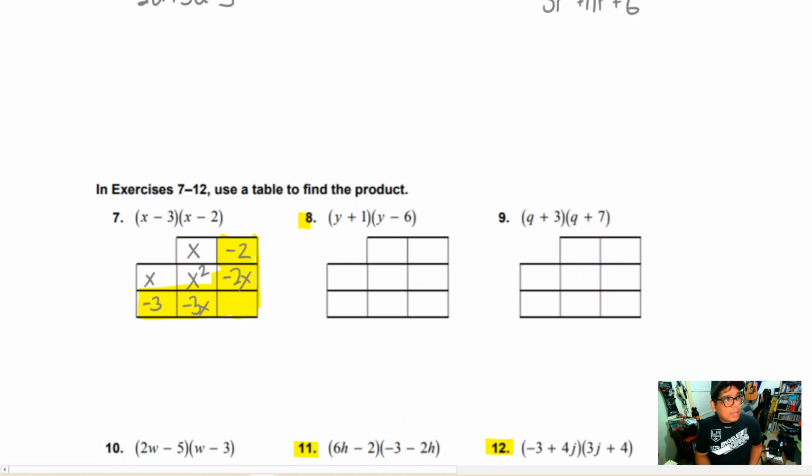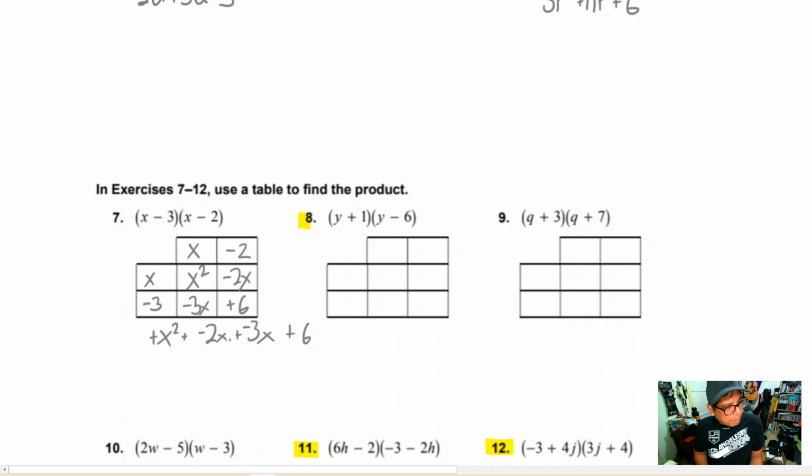And then finally, negative 3 times negative 2, which is a positive 6. Now that you have the lattice all written out, you can just write each of the interior monomials here. You've got x squared plus a negative 2x plus a negative 3x plus a 6. So we're just writing them out.